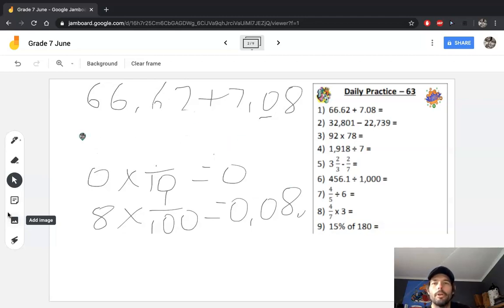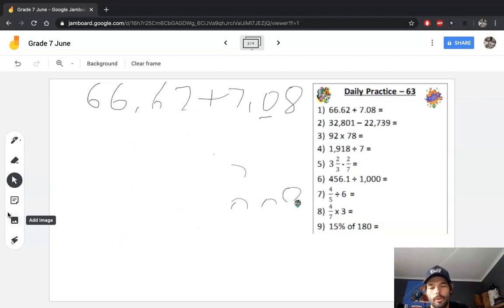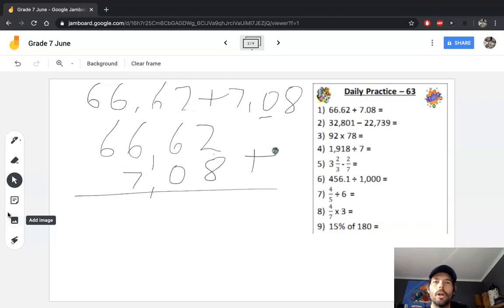calculation. Now you know that when you add, you can simply add in the column method. Make sure that the numbers are in the correct place value columns, and then we just add normally. Remember to carry, decimals line up, and you're left with an answer of 73,70.